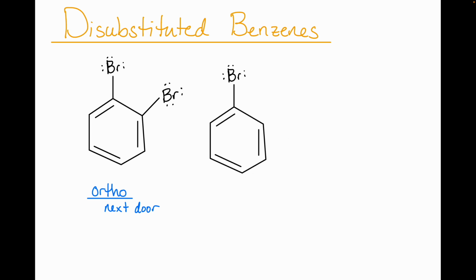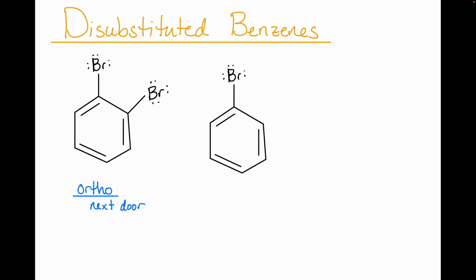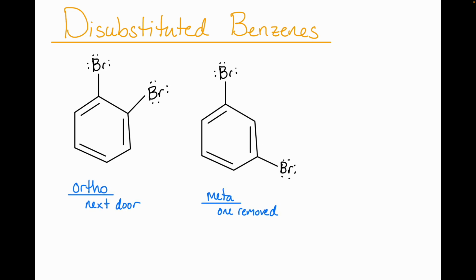If instead that other bromine, that second substituent, was one removed, we call this the meta isomer. And if they're located on opposite sides of the ring to one another, we call this the para isomer.